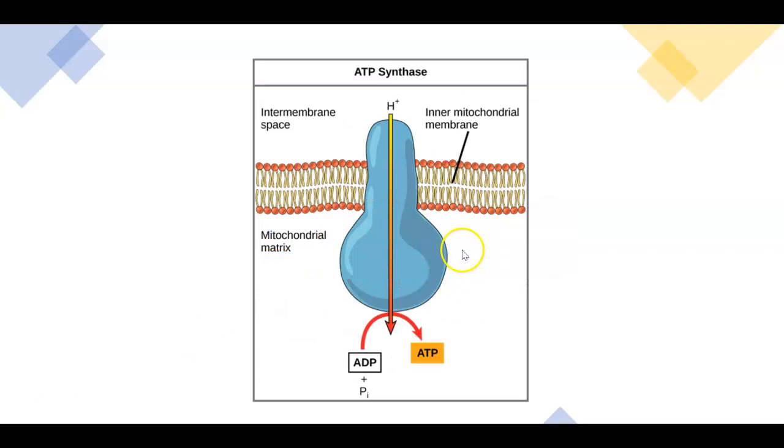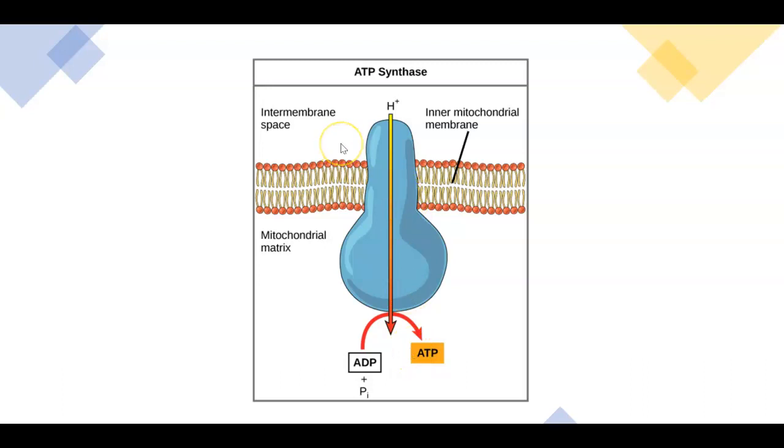This is the last piece. So what we just looked at was the electron transport chain. Now we're seeing the very final piece of this whole cellular respiration puzzle, and this is the role of this enzyme called ATP synthase, which is also embedded in that inner mitochondrial membrane. Remember that there's all these hydrogen ions, these protons up here, and this synthase acts as a motor to create lots of ATP.